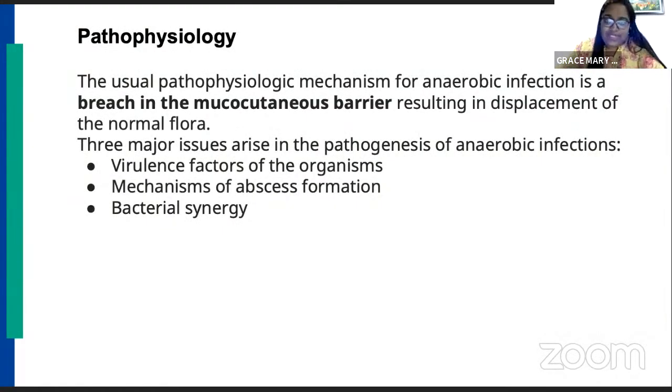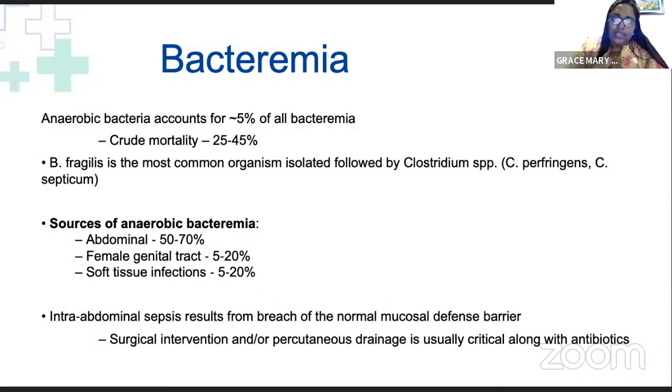Now, the pathophysiology, like I said, usually they live near the mucosal barrier. And whenever there is a breach in this barrier, that's when they cause the infection. And they have a lot of virulence factors, a lot of toxins. Some have toxins, some have other virulence factors that help them with the spreading and the severity of the infection. Now, up to 5% of the bacteremia that you see is usually anaerobic bacteremia.